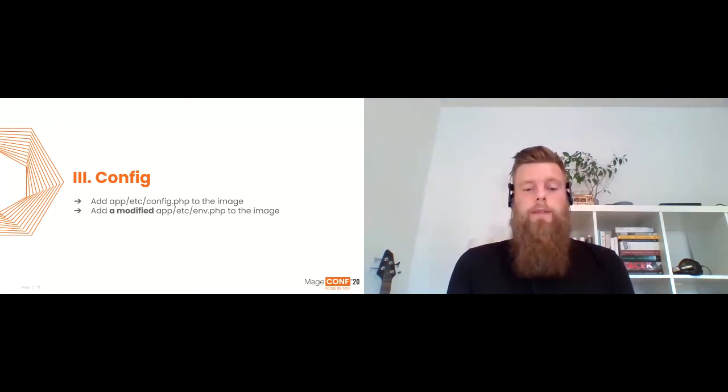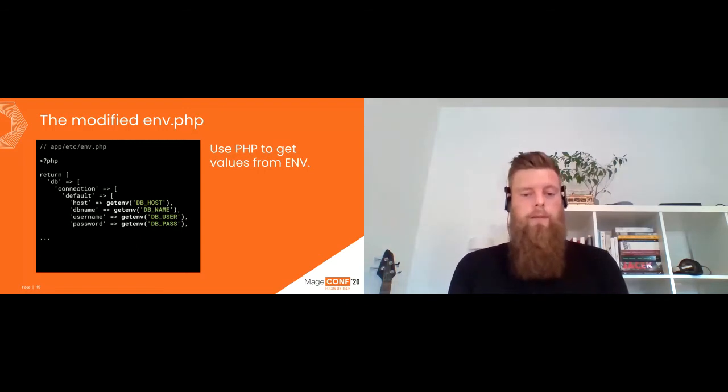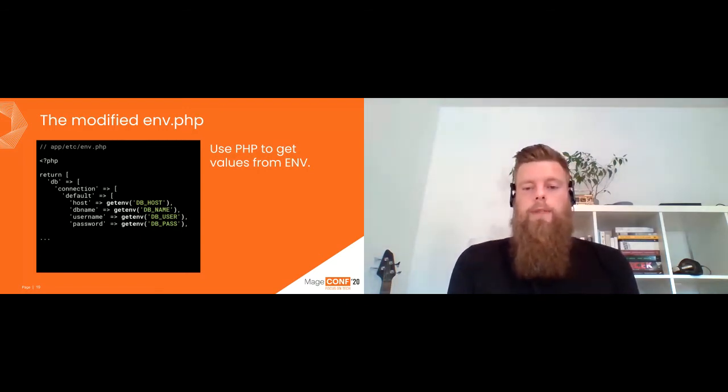However, please note that this is a modified version, so we do not bake in actual credentials for the database and other services in the image, but rather we use this small PHP trick to be able to get them from the environment.